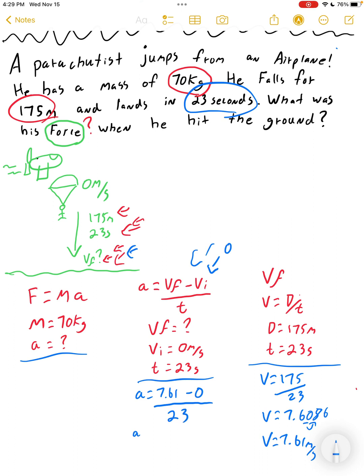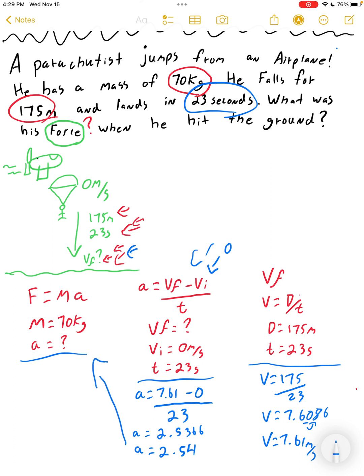So acceleration is 7.61 minus 0. What is that? Oh, 7.61. And then we divide that number by 23, and we get 2.5366. Round to hundredths, we get 2.54.